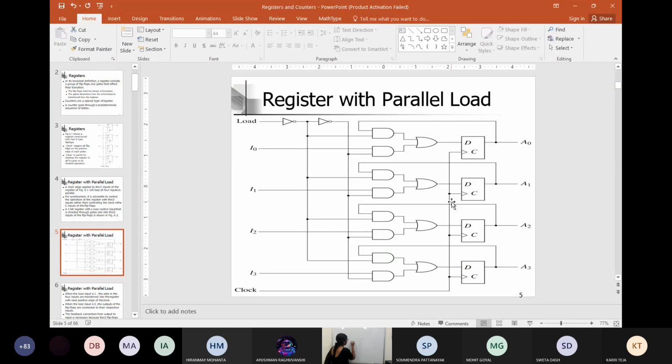See, I0 is connected to an AND gate. This is I0. What is this input? This is what input H1? Just tell me. Before that, OR gate, it's coming from what?